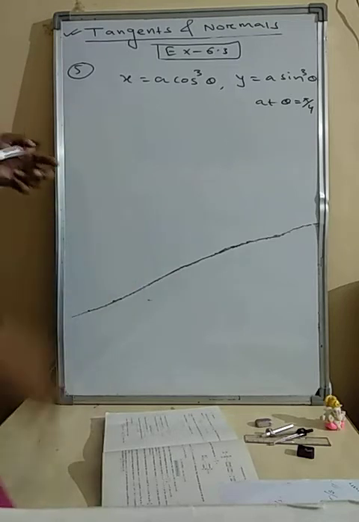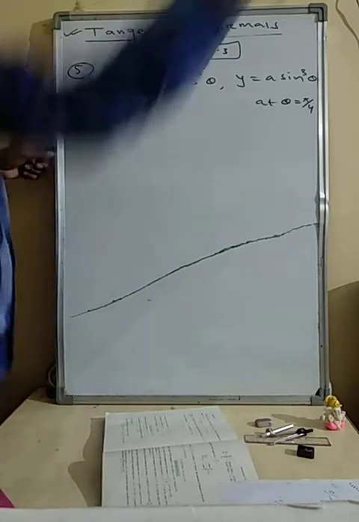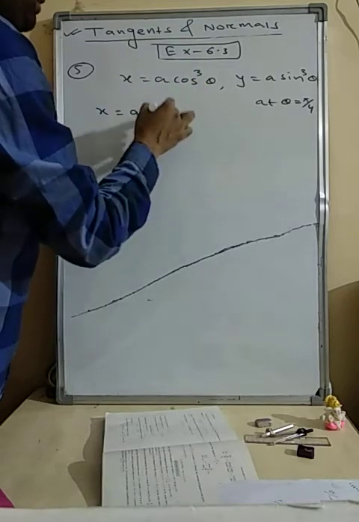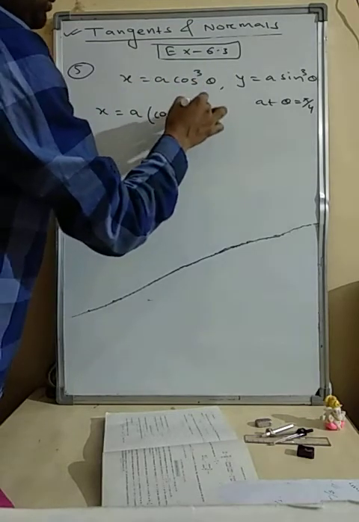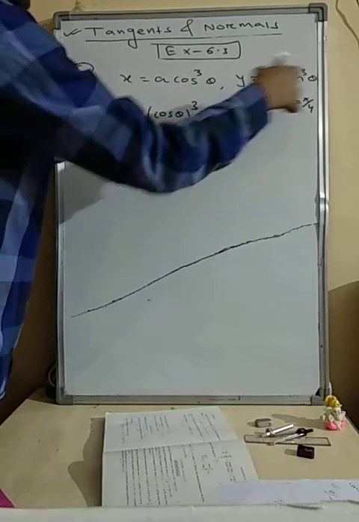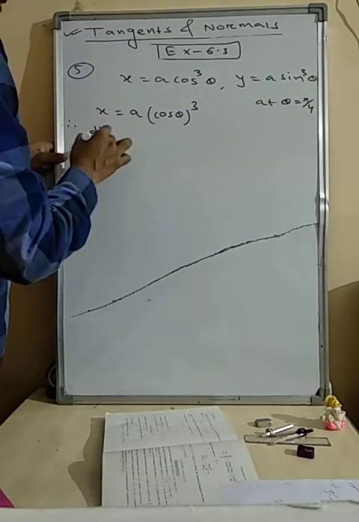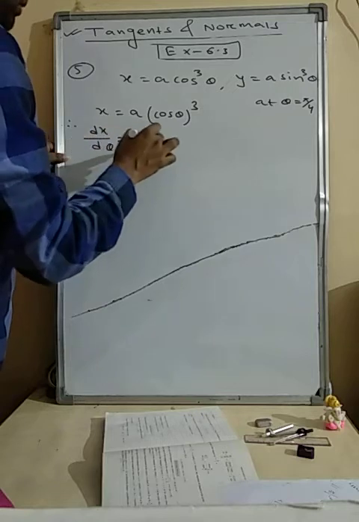Before going to find dy/dx, you see here x equal to a cos cube theta. You can write a, cos theta whole cube. So this is a parametric equation in terms of theta both. So differentiating with respect to theta, dx/d theta, a constant.